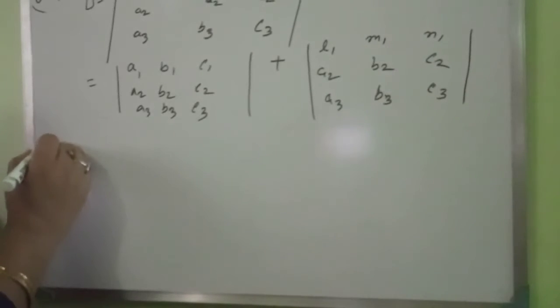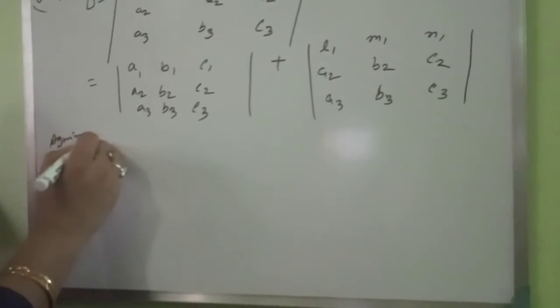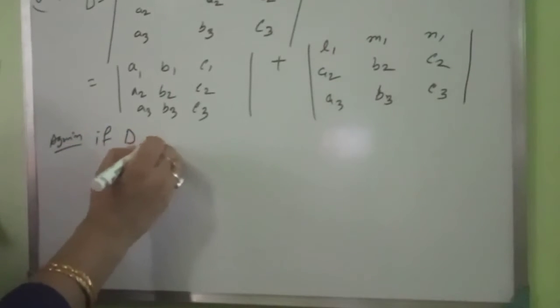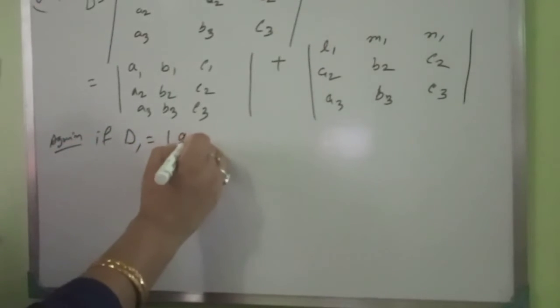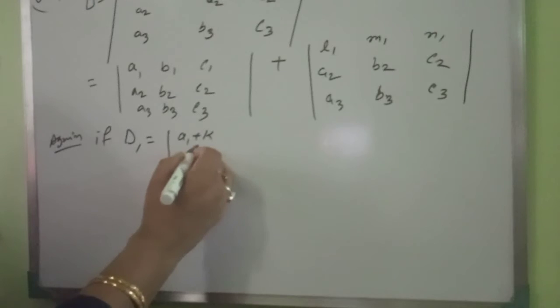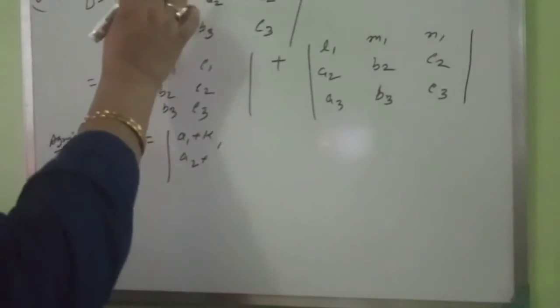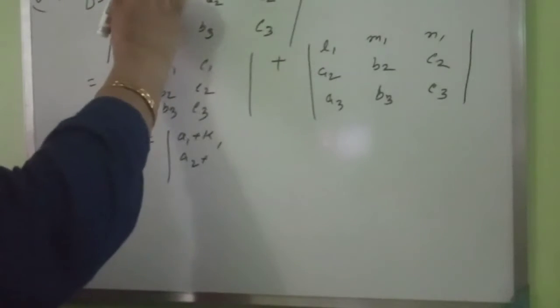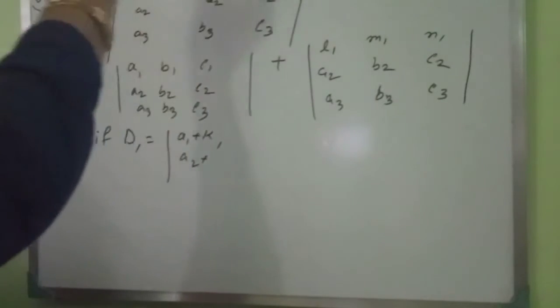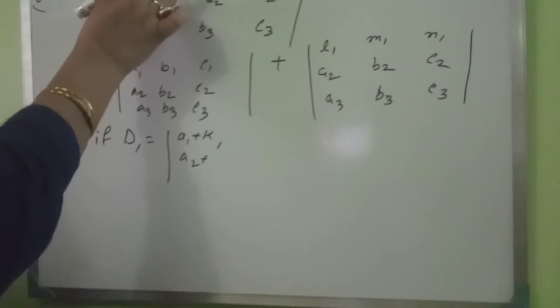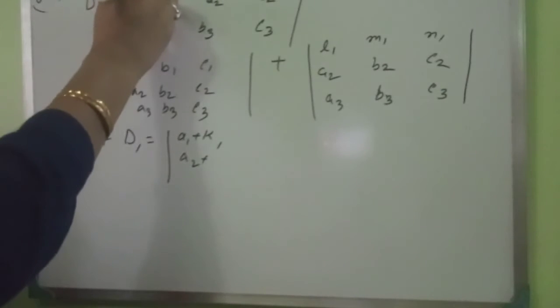Again, say another determinant. This is K1, this is the first row, and each term is added to another term.